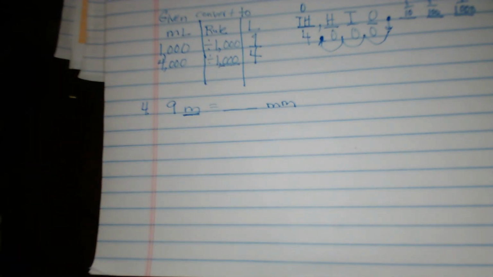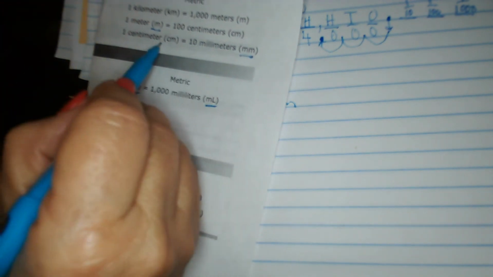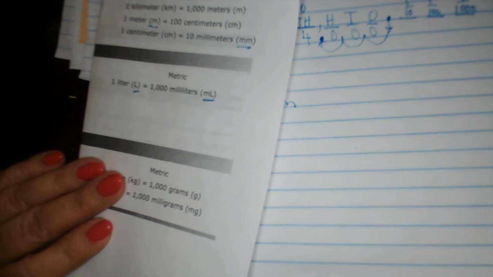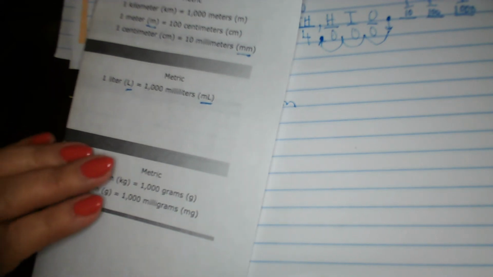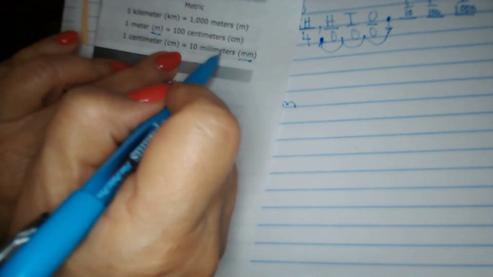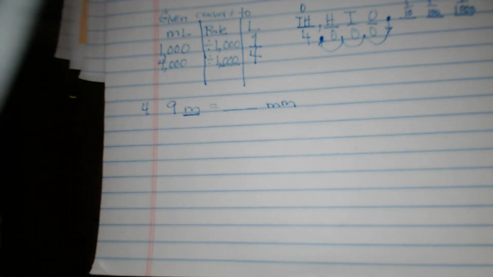So now I'm coming back over to my sheet. I have my mm, but I need to go to the m. So I have to go 1, 2. So I'm going to make 2 jumps or 2 input-output tables. So there is 10 millimeters. If you need to get verification, looking on the side, you have the centimeters. 0 to 1 is 1 centimeter.